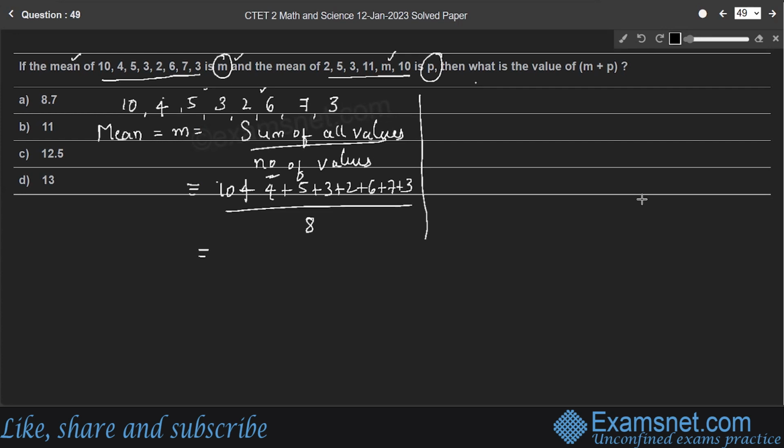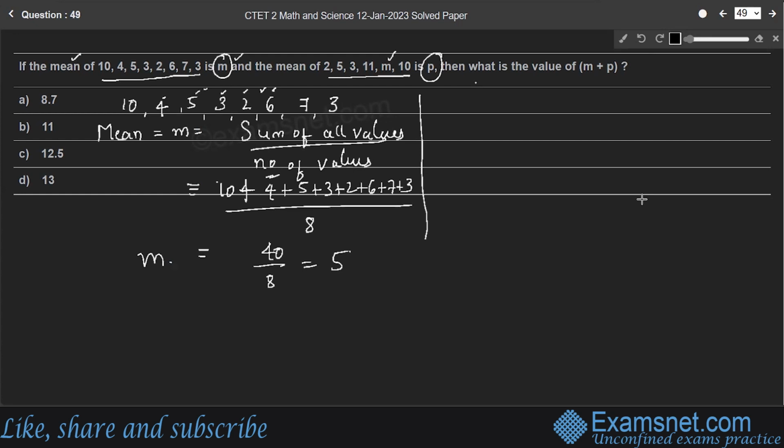Therefore, 10 plus 4, 14, plus 5, 19, plus 3, 22, plus 2, 24, plus 6, 30, plus 7, 37, plus 3, 40 by 8. Therefore, mean of the first observation M is equal to 5.